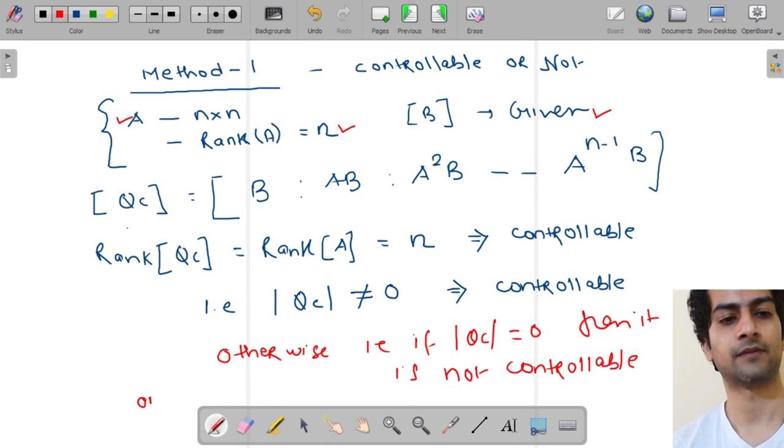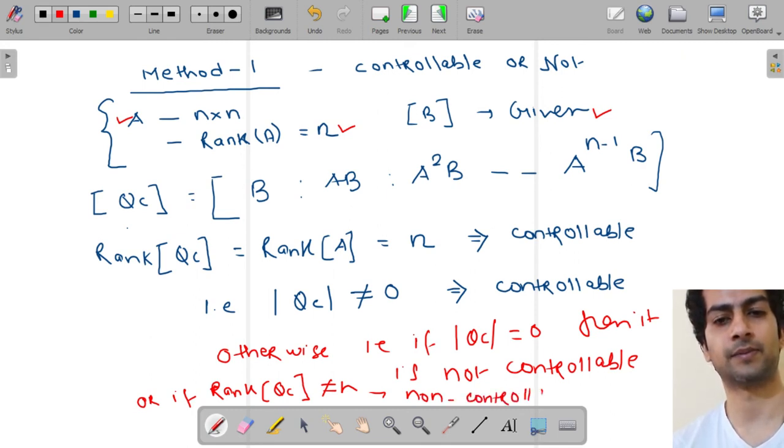Or if the rank of QC is not equal to n, then also it is non-controllable. I think this is simple, and you must be having an idea about it also. The main thing, the main short trick which I am going to give, is the next one. This all must be basic knowledge.